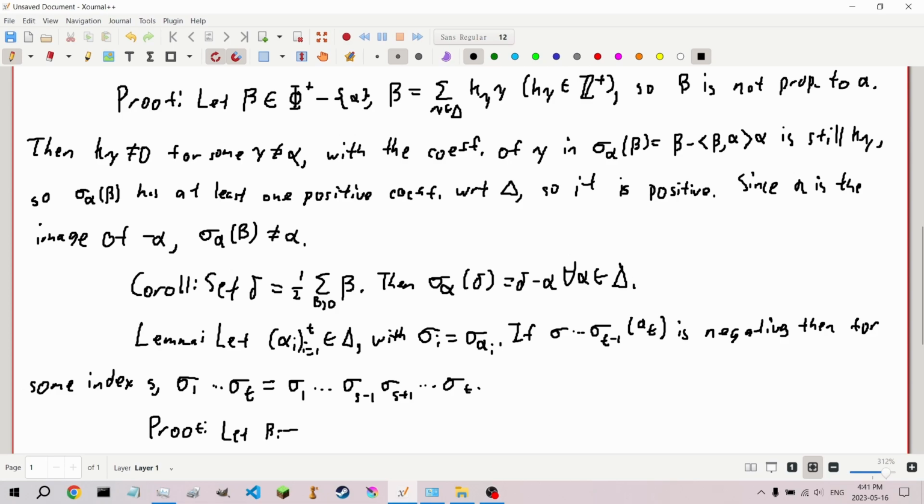Let beta i be the composition of sigma from i plus 1 up until sigma t minus 1 of alpha t, with beta t minus 1 then equal to alpha t.